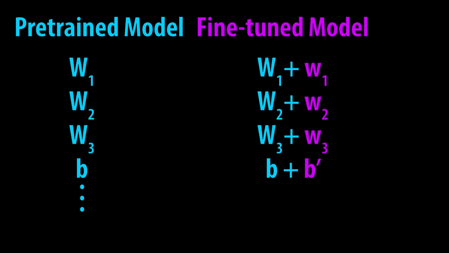Typically, engineers will take a pre-trained model and use their own data to fine-tune it, following a process similar to the one we've just demonstrated, which means that each weight in the pre-trained model will now be modified by a new weight based on the new data that was used. At this stage, we reach the point where the attacker can steal the data from the fine-tuned model. Let's explore how this happens.